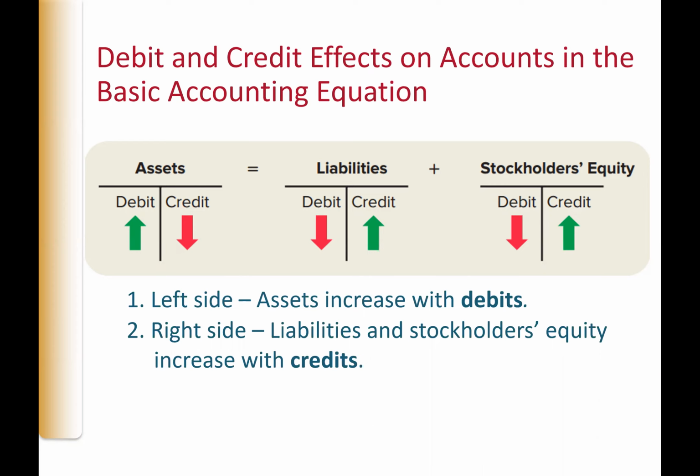Some people say debit means increase, credit means decrease, or credit means increase. No, debit means left, credit means right. That is all it means, period. Now, there are some accounts, like an asset, where debiting increases it, and when you credit, or put a number on the right-hand side, it will decrease an asset.